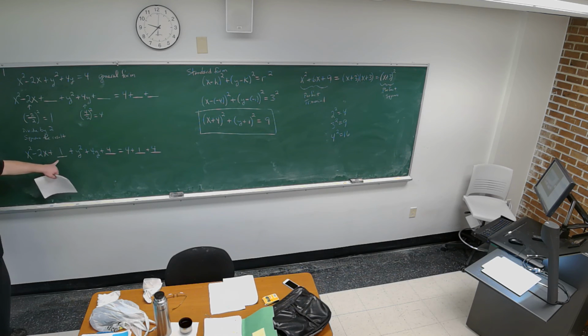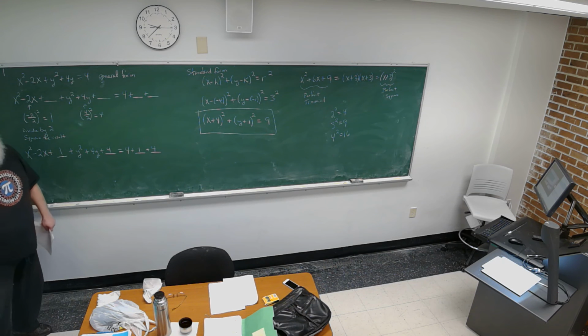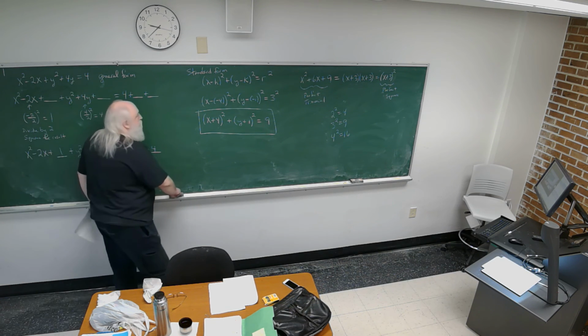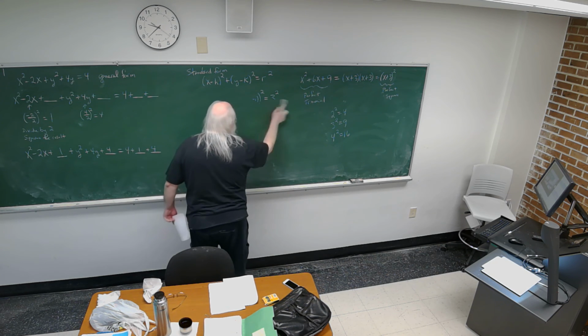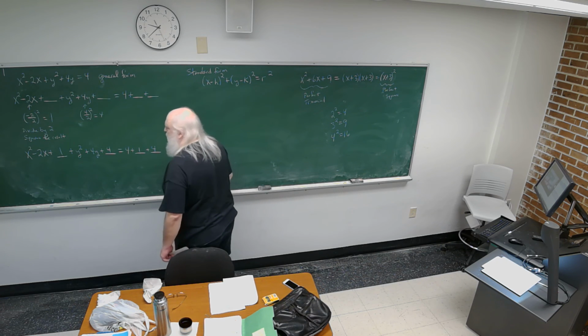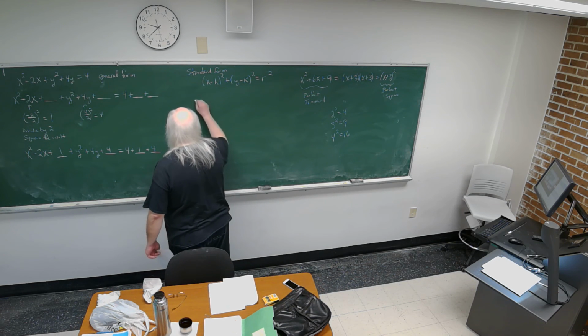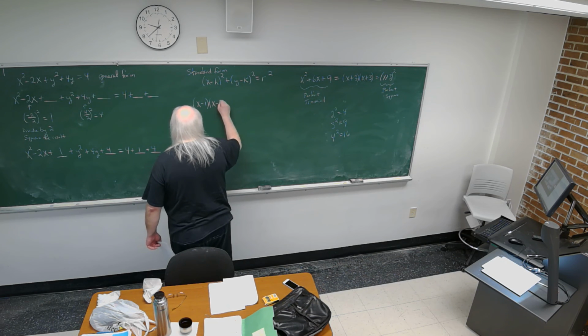This trinomial can be factored as a perfect square, and this trinomial can be factored as a perfect square. And when we do that, we'll have the equation in standard form on the left-hand side. Well, x squared minus 2x plus 1 factors into x minus 1 times x minus 1.